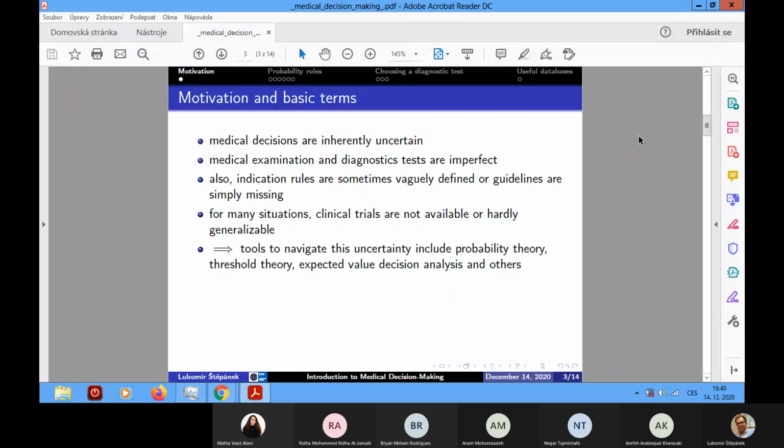There are other motivations for why we should know some good practice for dealing with this kind of uncertainty, for example, making decisions better than only by experience or by feelings. I don't want to say that your future clinical experience or intuition is not a good thing.